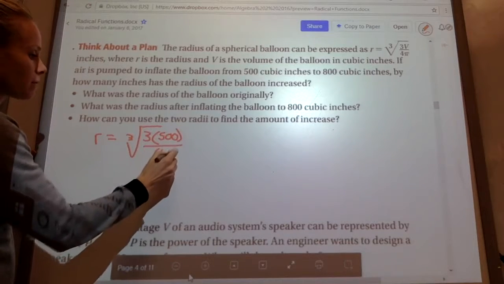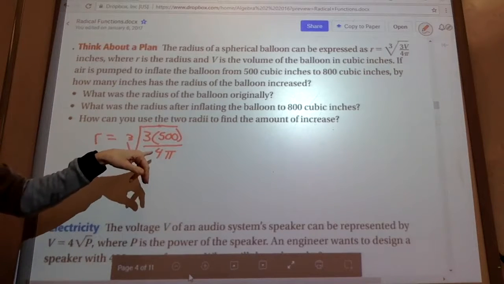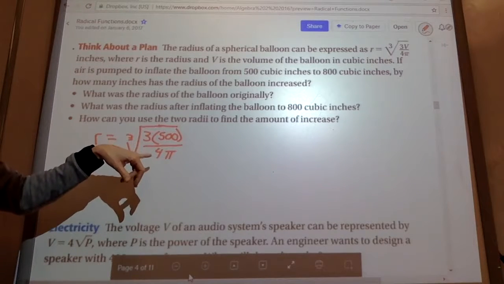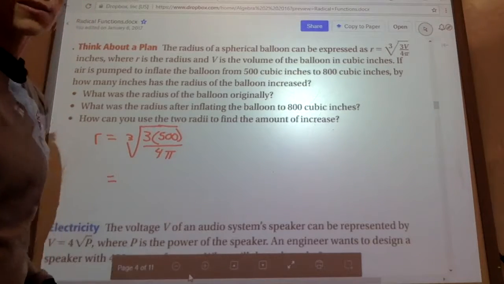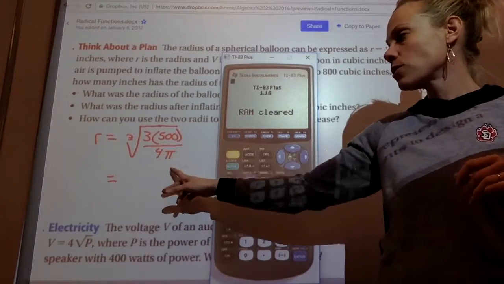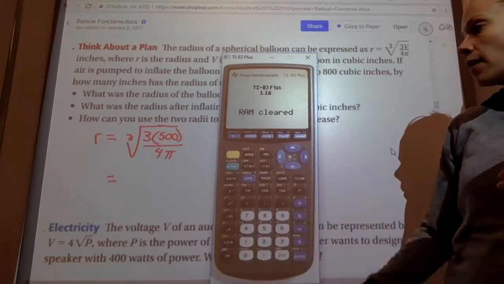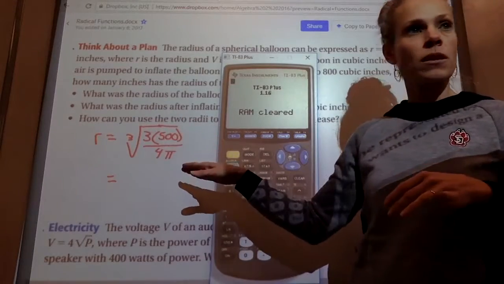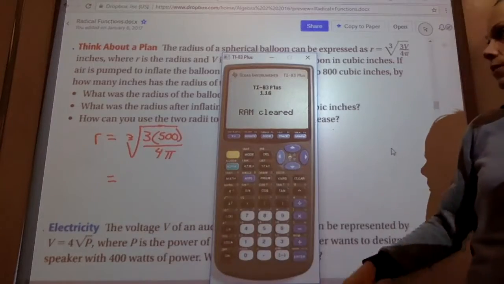over 4 pi. Okay. And it seems simple enough, but the hard part is actually going to be putting that in your calculator correctly. So try putting it in your calculator, see if you get the right answer. How I like to do it, since this is a lot of operations going on and students get confused about how many parentheses to use, I like to do just order of operations on the calculator. That's what I suggest if there's a lot of stuff going on.